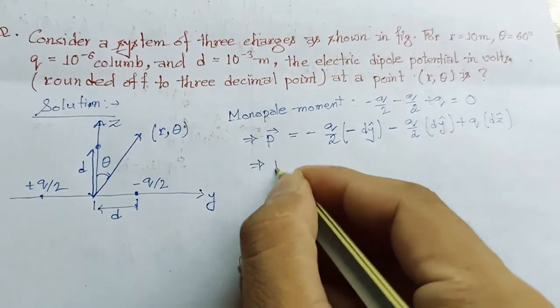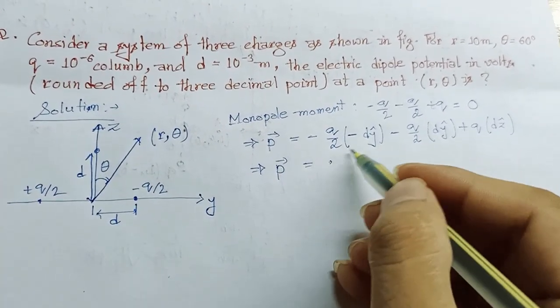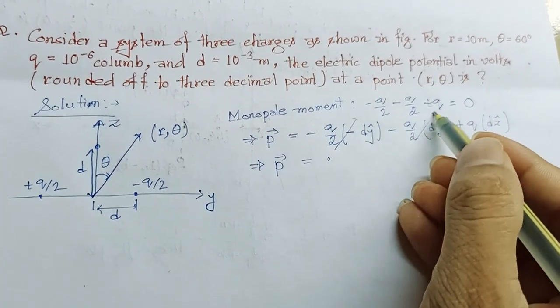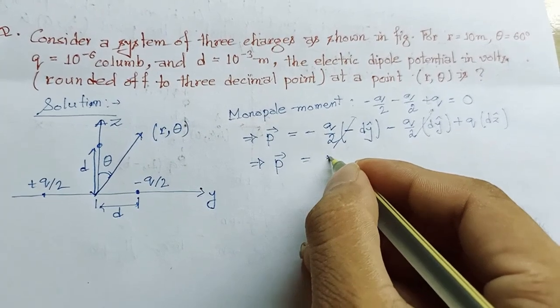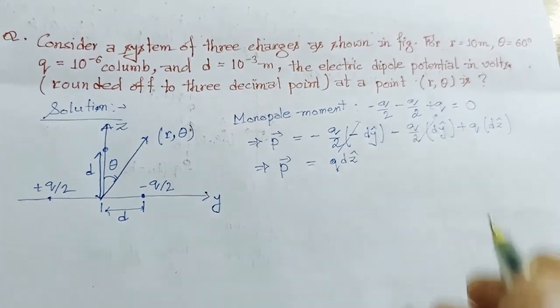So our net dipole moment P will be equal to, now these two values will nullify or cancel each other. After cancelling we'll get the net dipole moment equal to qd, and its direction is z cap.